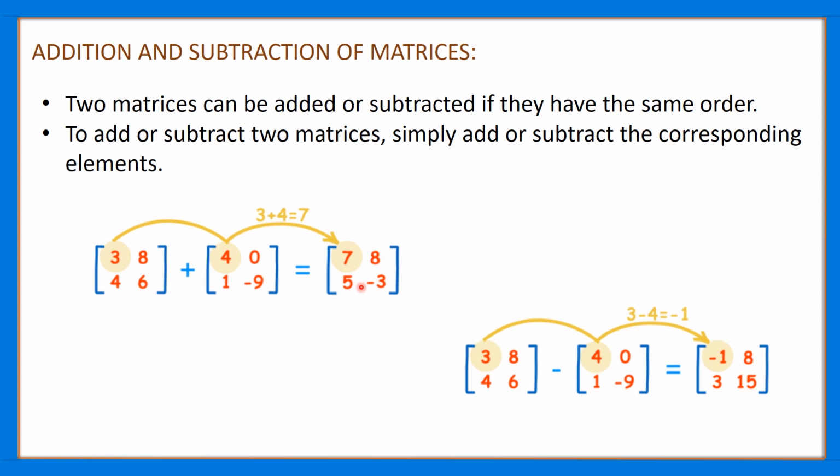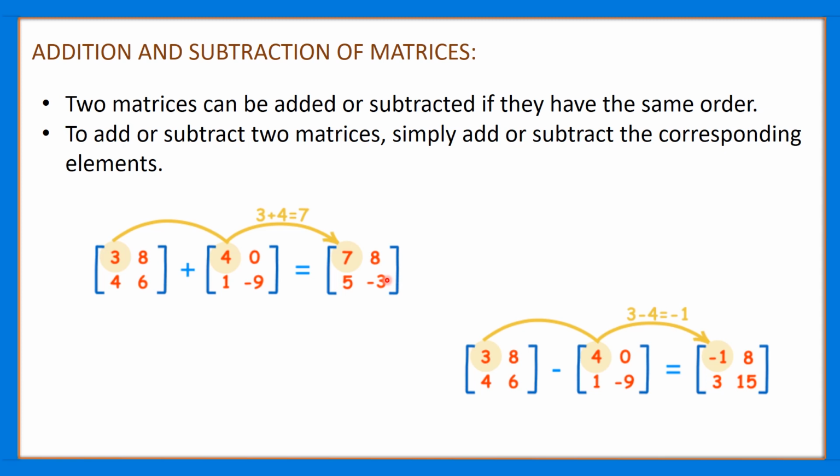Therefore, the resultant matrix when we add the given two matrices whose elements are 3, 8, 4, 6 and 4, 0, 1, minus 9 respectively is 7, 8, 5, minus 3. So this is how we add two given matrices.